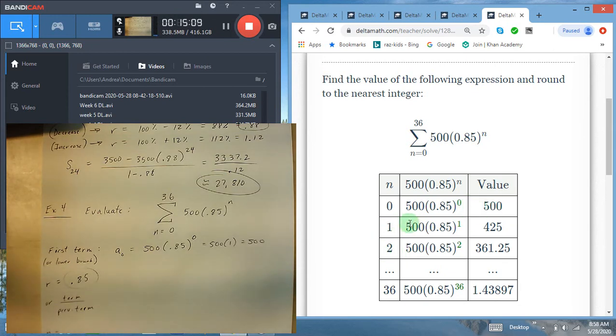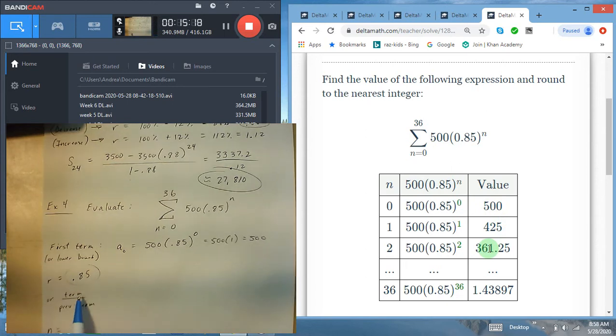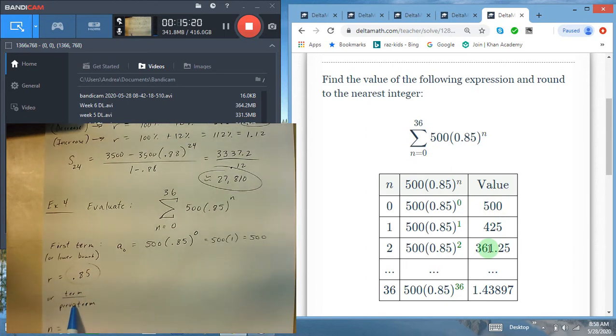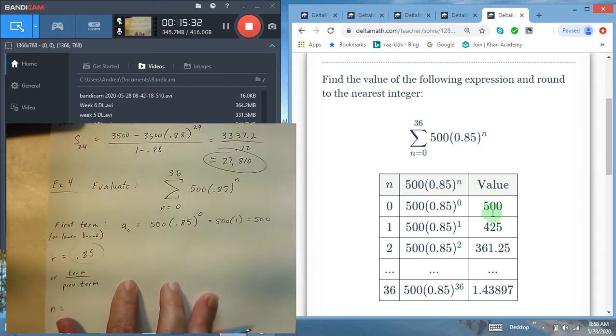Plug in 1 to get the next term, 425, plug in 2, and then once you get the sequence going, you could use the strategy of term divided by previous term. So if I take these numbers, 361.25 divided by 425, what do I get? 0.85, and so on. So there's two strategies. You pick what you want.